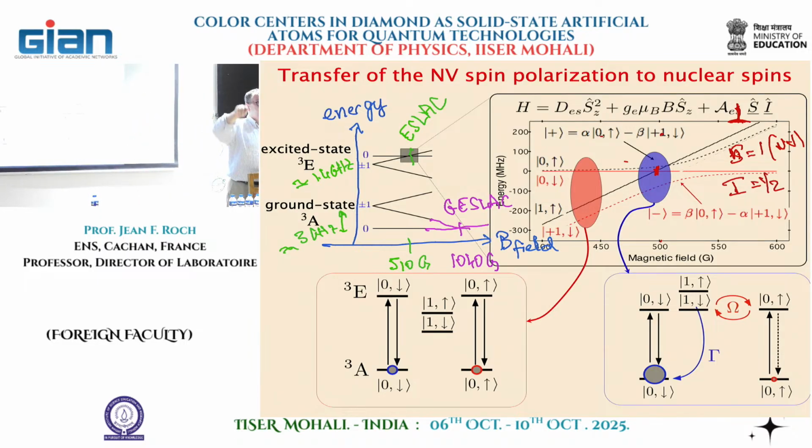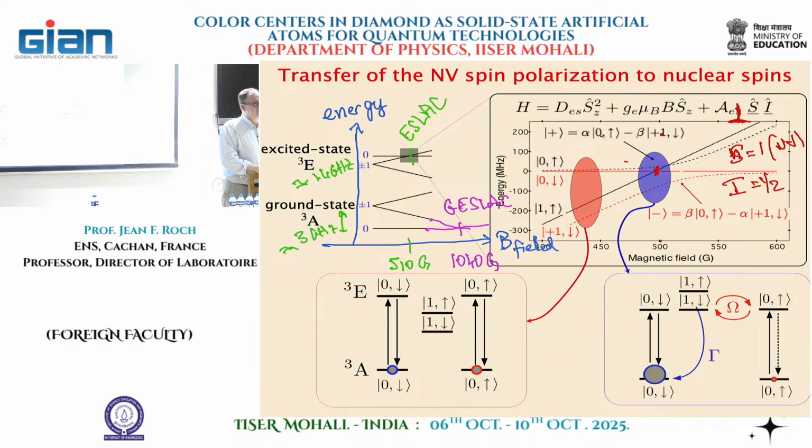So during this process, due to the mixing in the excited state, I've been able to flip-flop the nuclear spin. Once I am here, nothing can happen. I have a transition from here to here, it's 0 down, and it will come back with 0 down, because it cannot leak to the ms equals 1.